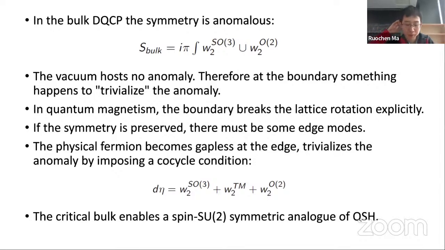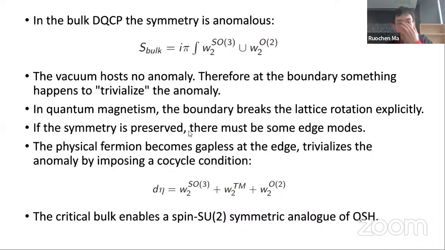But in some cases, for example the case here, if we want an anomalous theory, which is the deconfined quantum critical point, to really have a physical boundary, then there must be something at the edge to trivialize the anomaly, since the vacuum outside does not carry any anomaly. It is anomaly free. So there needs to be something happening at the edge to give you a consistent edge theory between an anomalous theory and the vacuum outside.